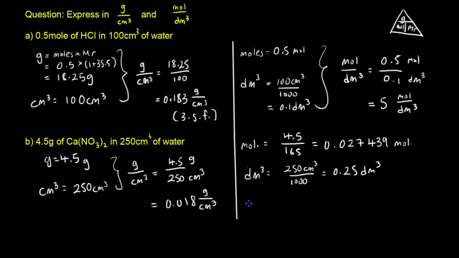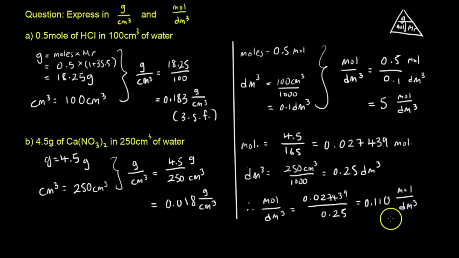My mole over dm cubed is really just putting the numerator on top, which is mole, 0.027439, divided by the bottom, 0.25. This finally gives me 0.110 moles per dm cubed, and this is 3 SF.